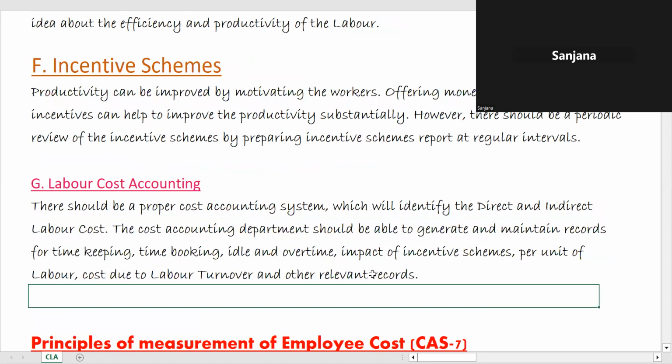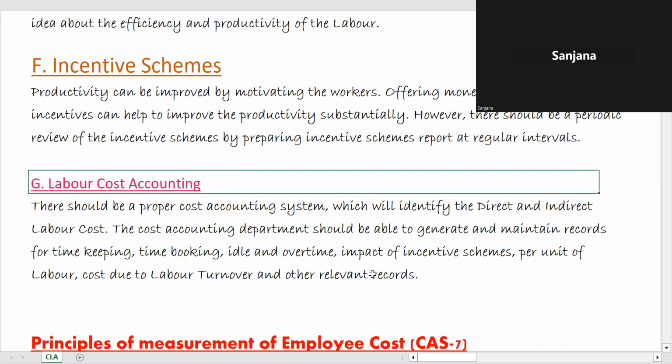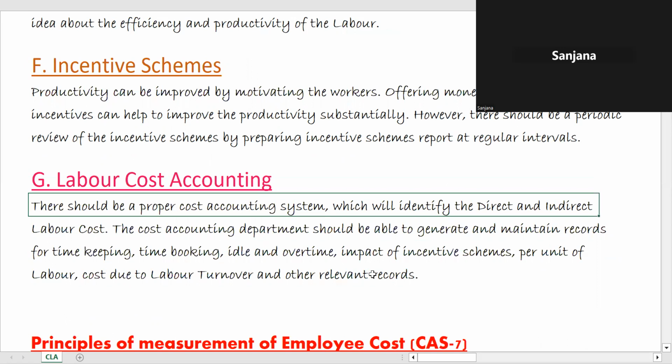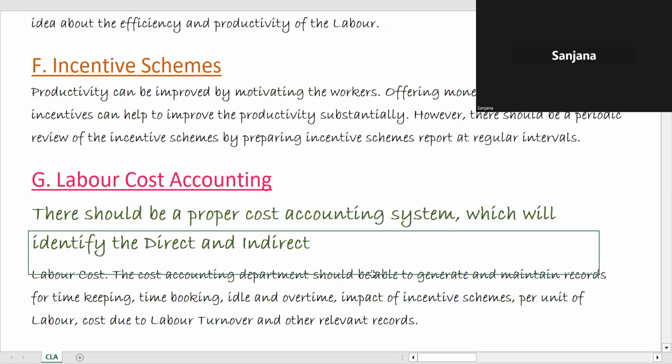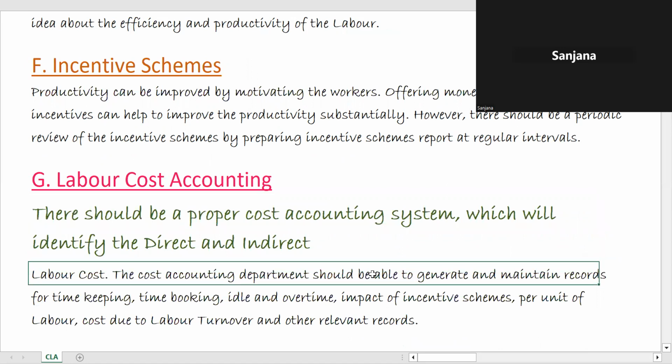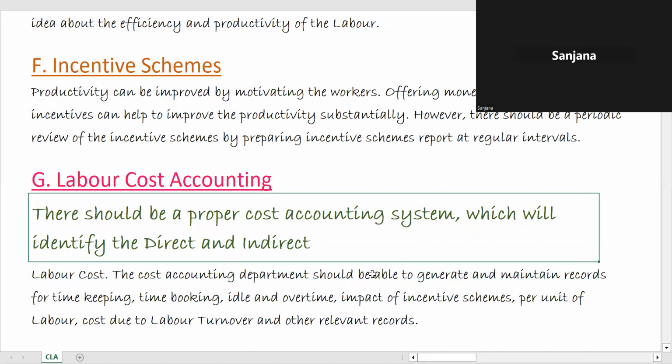And the last thing, last but not the least, is labor cost accounting. The cost accounting system is very essential because it will identify what is direct and what is indirect. If others do not understand payroll, the buck stops with the cost accounting department. They are at the top of the chain here.